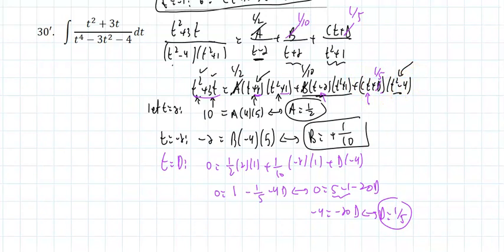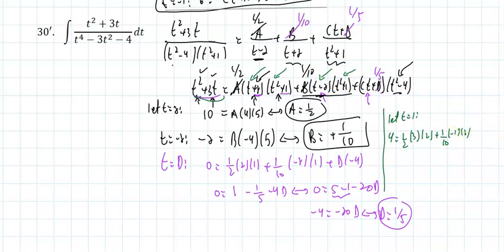And the last, I could let t equal 1. I'll get 1 plus 3 is a 4, 1/2, a 1 in each of those parentheses. That's a 3 times 2 plus 1/10, a -1 times 2.